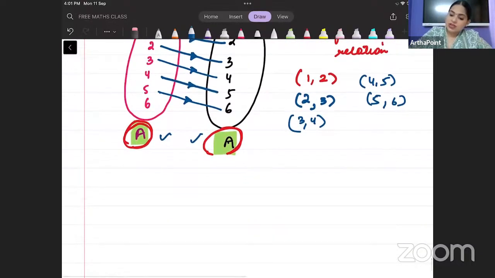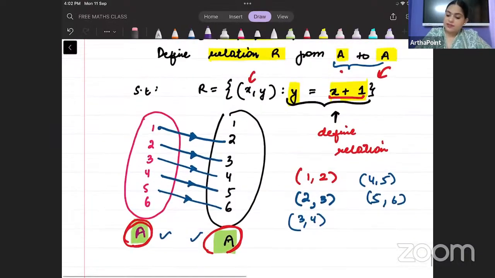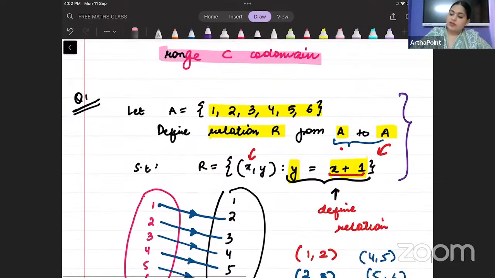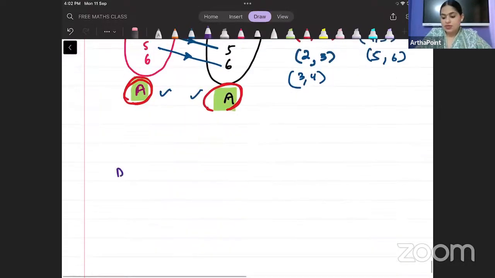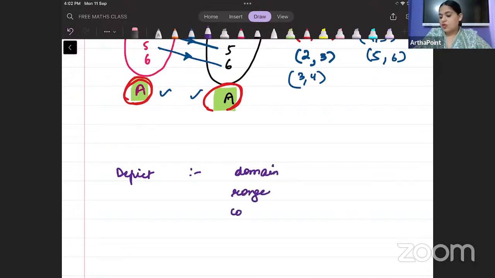Now if I ask you, beta, for this question that I have given you, to tell me what will be the domain, range, and codomain. So what is domain, beta?